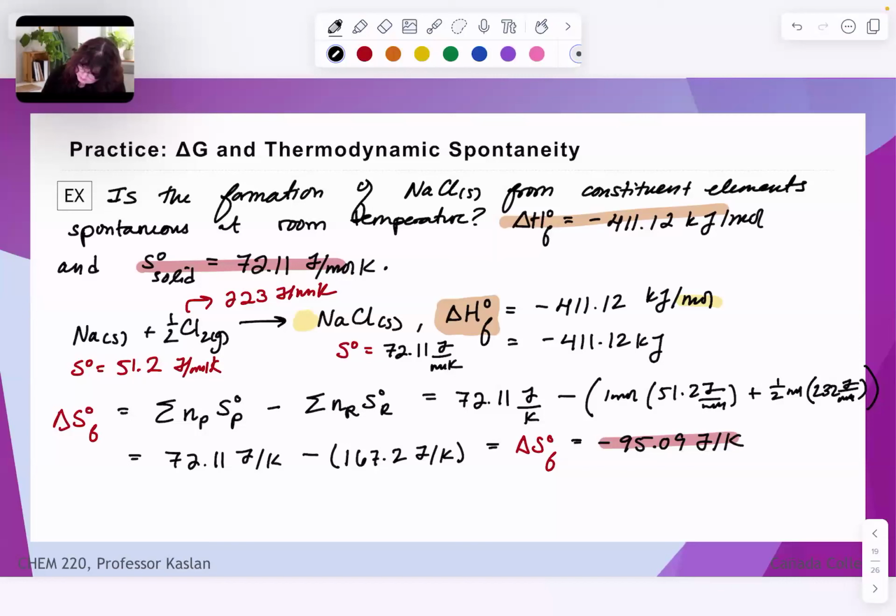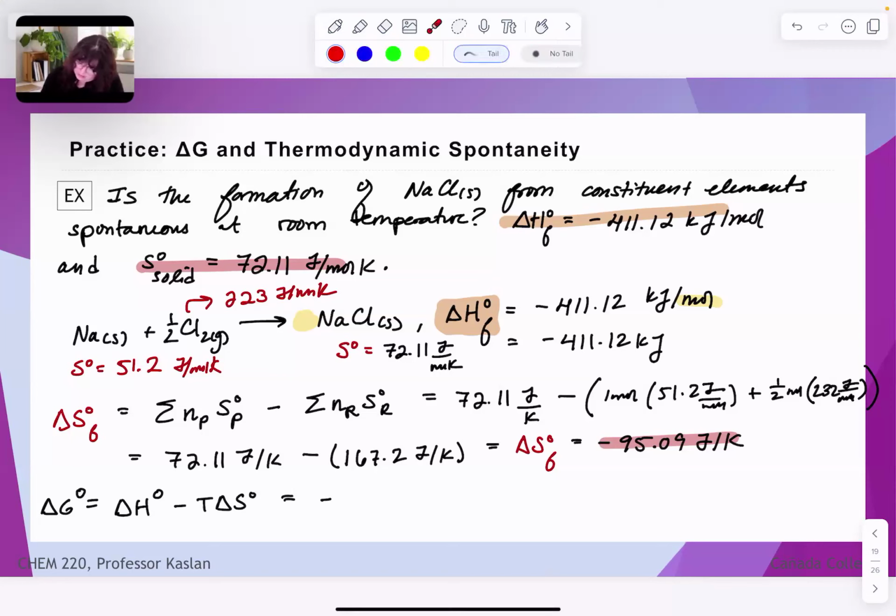And now we can figure out our delta G. That's equal to delta H minus T delta S, and in this case, because we are using our standard state data, our delta G is going to have to be our standard state delta G. So this is going to be equal to our negative, well, let's pay attention here.